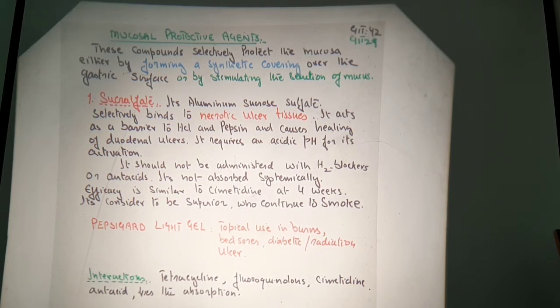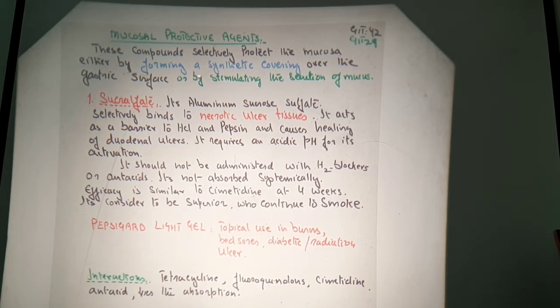So that's why there is no formation of ulcers in the stomach in the presence of the mucus. Mucosal protective agents act either by forming a synthetic covering over the gastric surface or by stimulating the secretion of mucus. Synthetic covering means a covering on the stomach wall to block the action of HCl and pepsin.